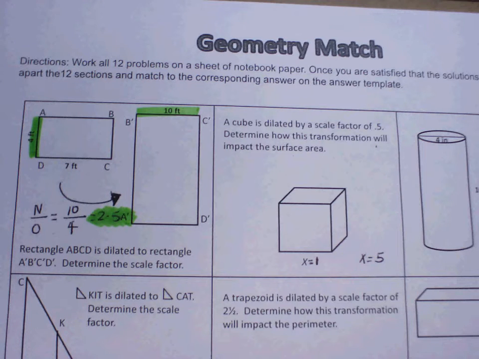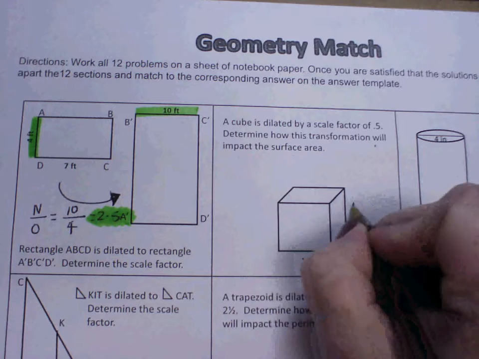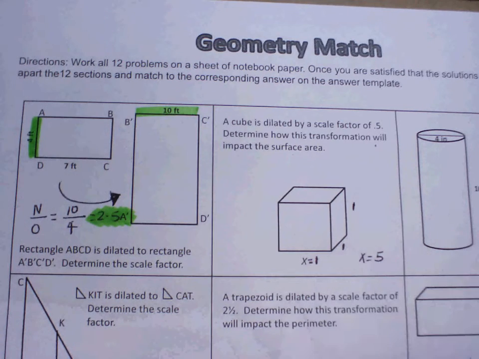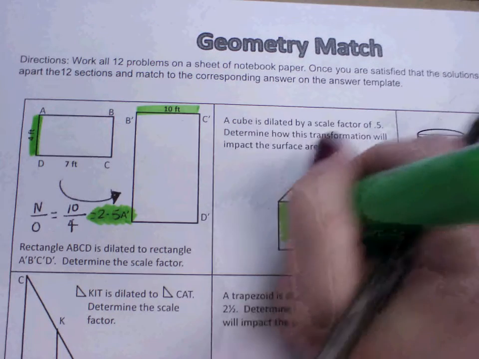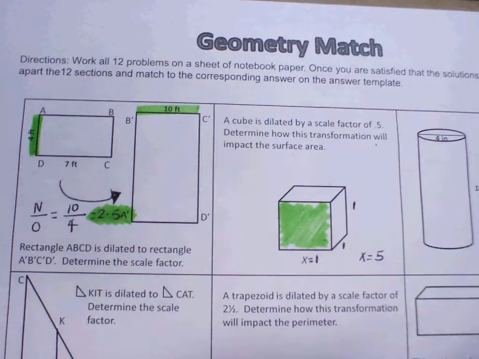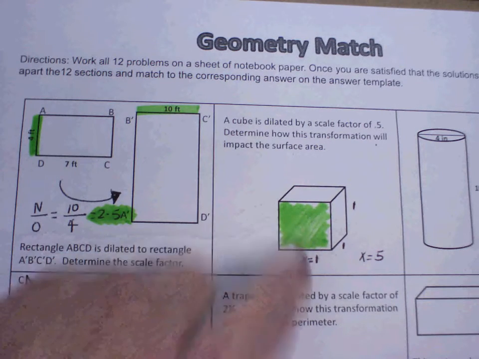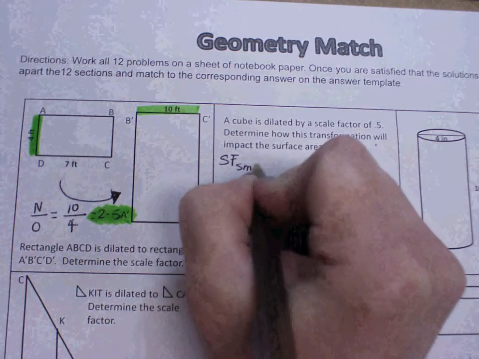5. Very good. Now, what's special about a cube? All the sides are equal. Very good. So this is 1 and this is 1. And on the other one, everything is 5. All right, so let's calculate the surface area. How many faces does a cube have? 6. Very good. So let's calculate the surface area of the small one.